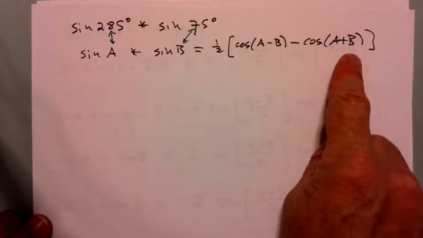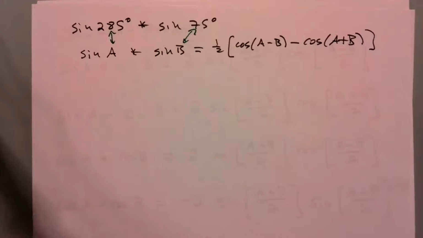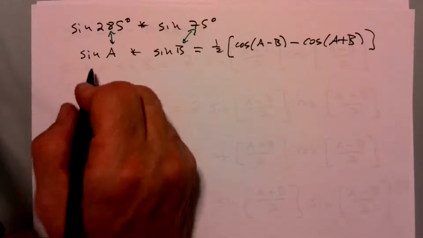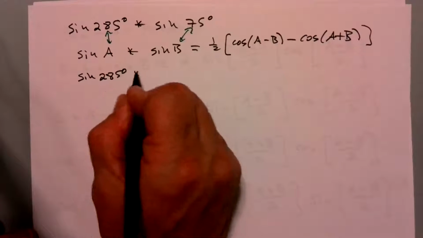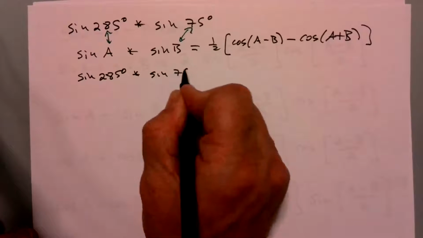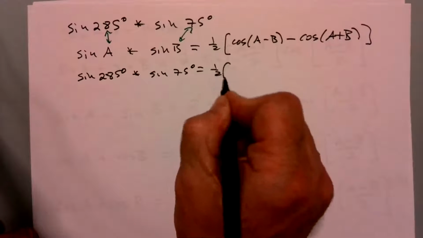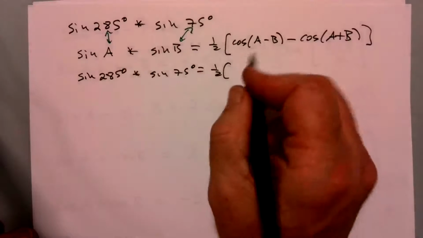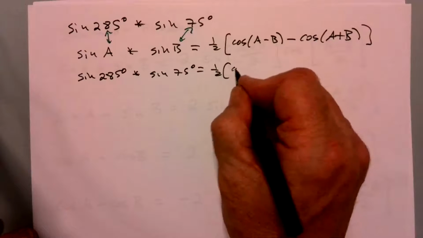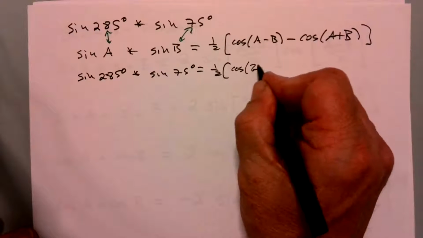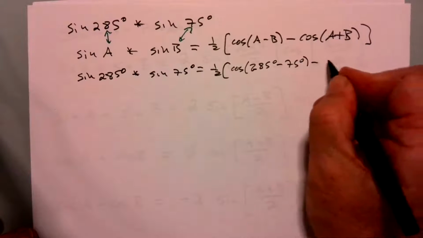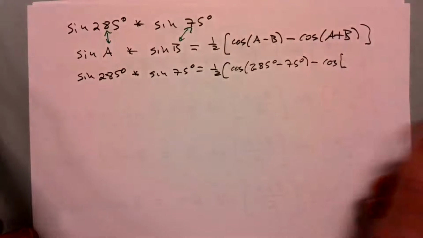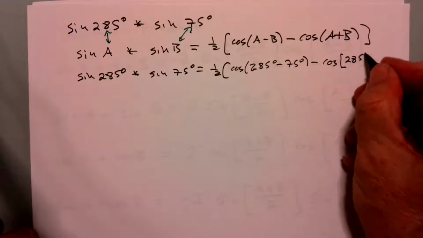So we've identified our proper form. We've identified our variables. So now it's time to simplify this. So we will say sine 285 degrees times sine of 75 degrees is 1/2 cos A minus B, cos 285 minus 75, minus cos A plus B, 285 plus 75.